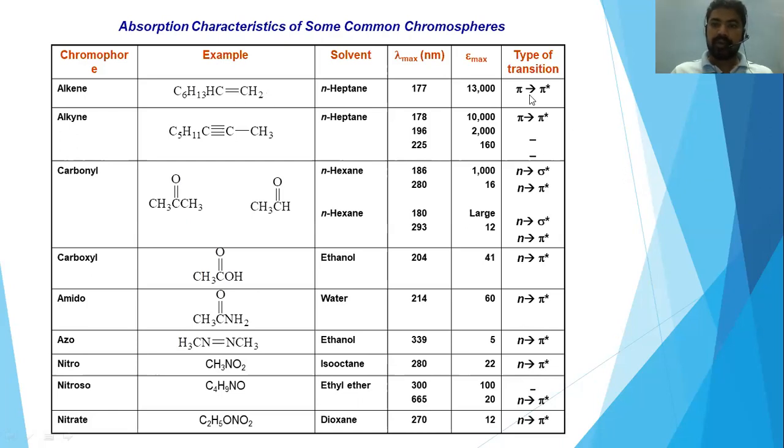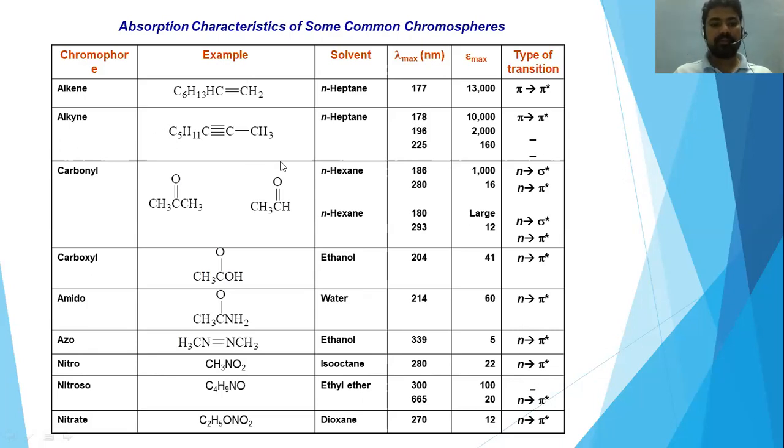For this π to π star electron transition, the molecule absorbs radiation at a wavelength of 177 nanometers. The lambda max value is 177 nanometers with an extinction coefficient, or absorption intensity, equal to 1300 liter per mole per second.